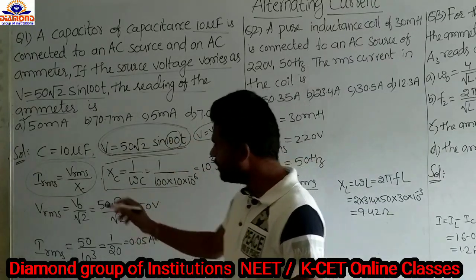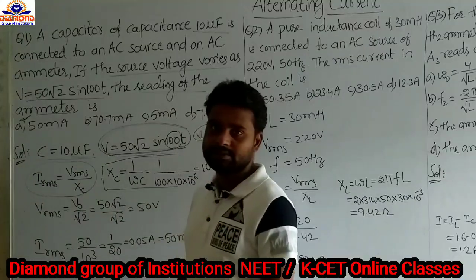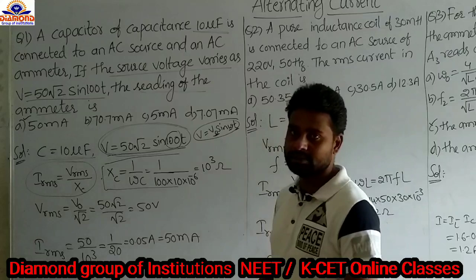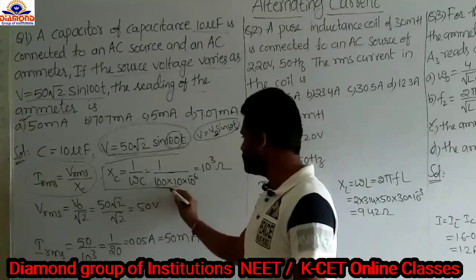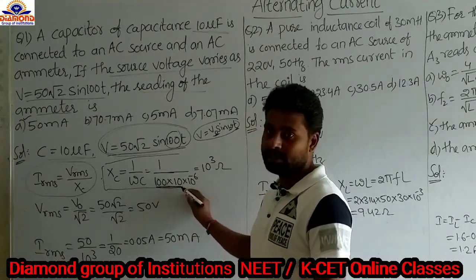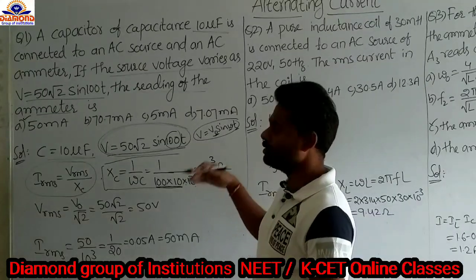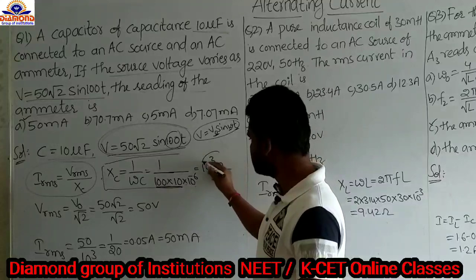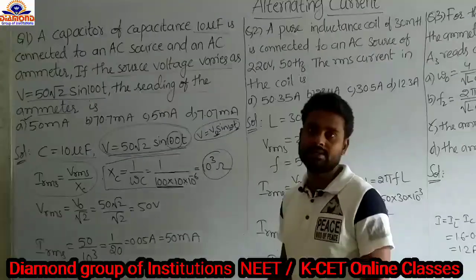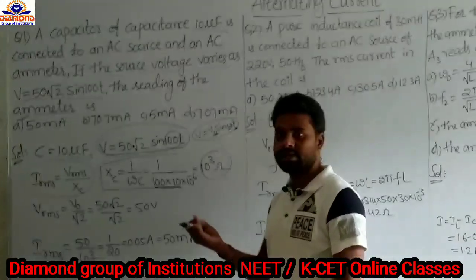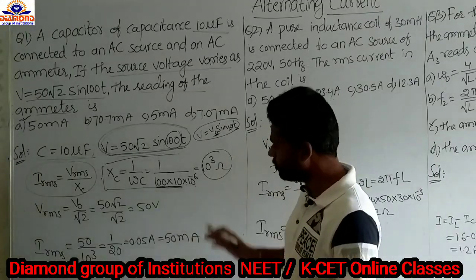C is given as 10 microfarads, micro means 10 power minus 6, so 10 into 10 power minus 6. Here 100 into 10 is 1000, which is 10 power 3 into 10 power minus 6. We get 10 power minus 3 in the denominator, sent to the numerator it becomes 10 power plus 3. So the capacitive reactance is 10 power 3 ohm. The unit is the same for resistance, capacitive reactance or inductive reactance: ohm only.